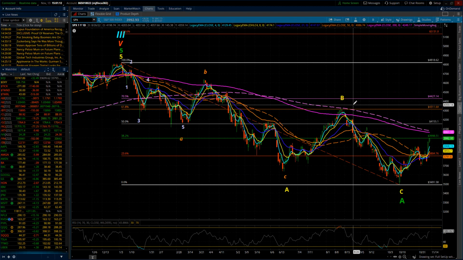So I'm laying out the possibility of what we've got going on here in terms of an alternate view, which would suggest higher levels, higher above current expectations over a longer period of time. And this may just chop around, work its way higher into December.